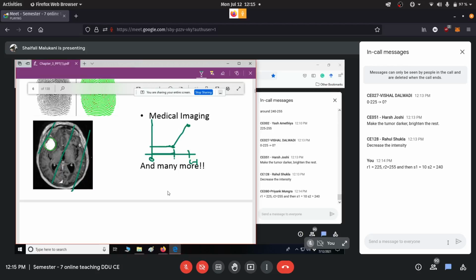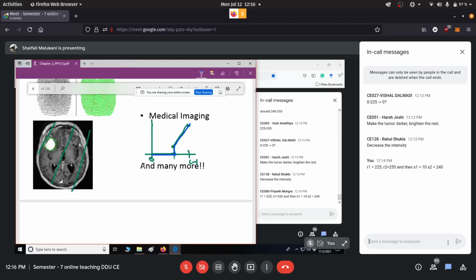So what actually I did, which intensity range I highlighted, whether this is highlighted or not, whether it will serve or not, but according to their requirement, I performed some operation. This is what my transformation is.